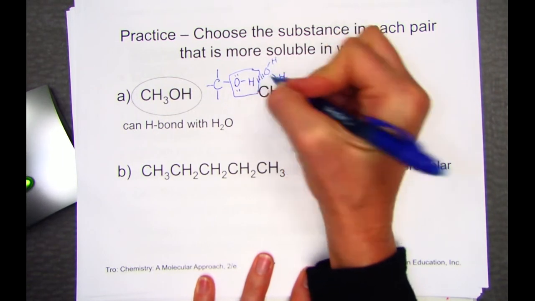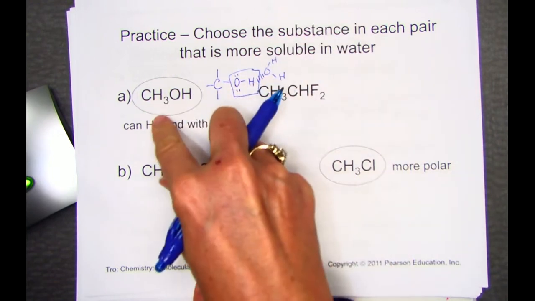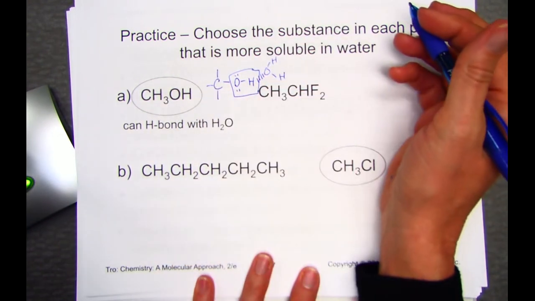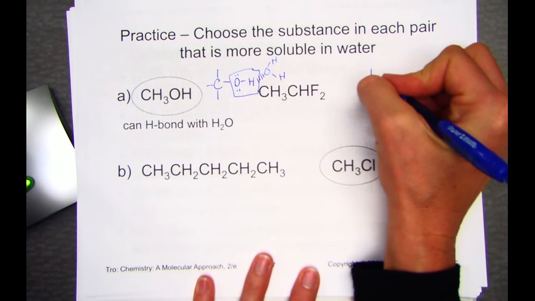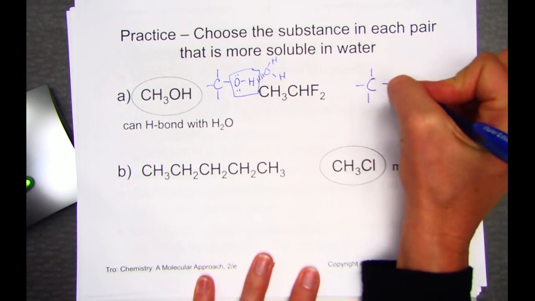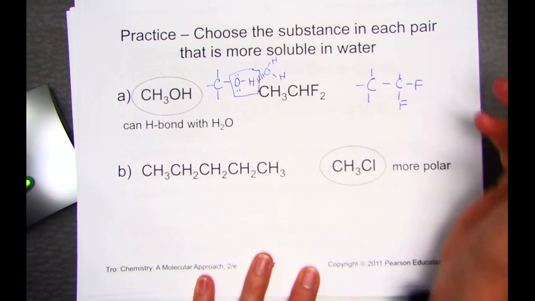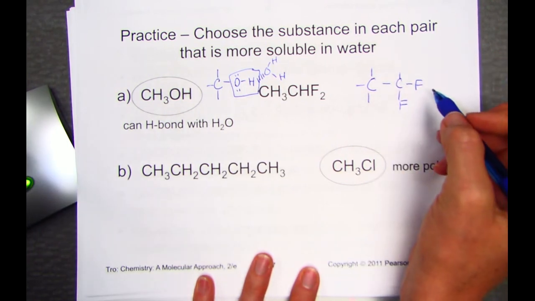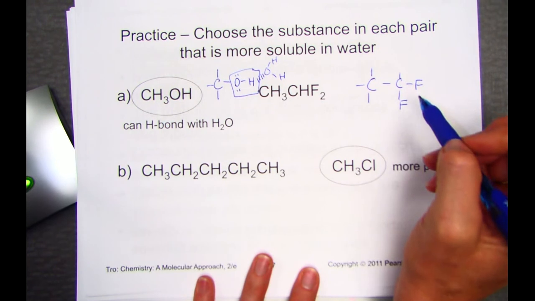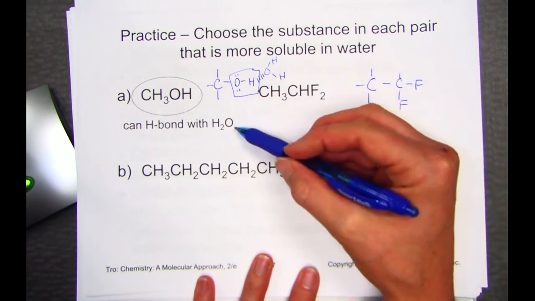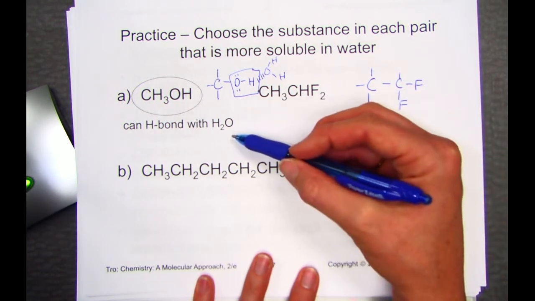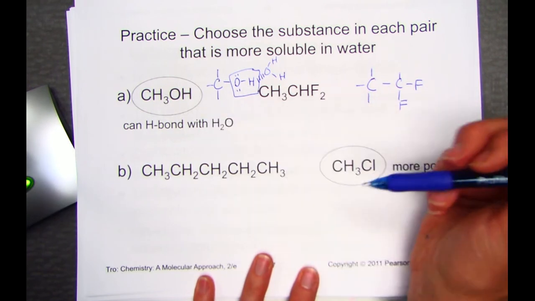This would be a hydrogen bond set up between methanol and water, a very strong intermolecular attraction. CH3CHF2 does not show hydrogen bonding. Therefore, the more soluble molecule is the one that exhibits the stronger intermolecular attraction, which would be the methanol.